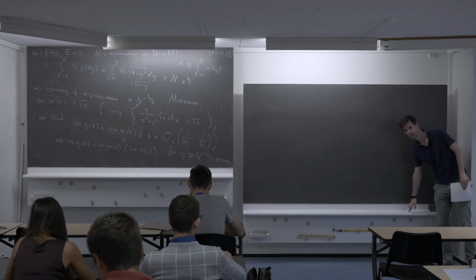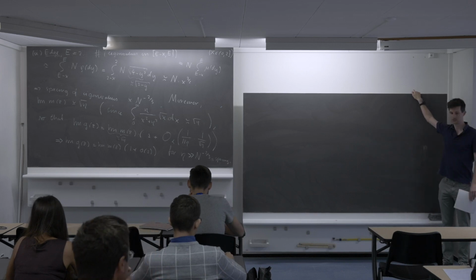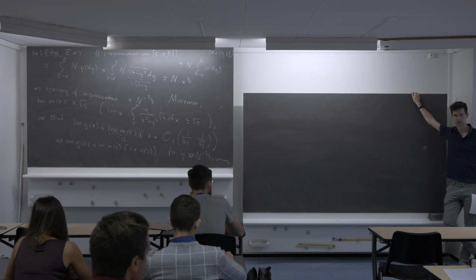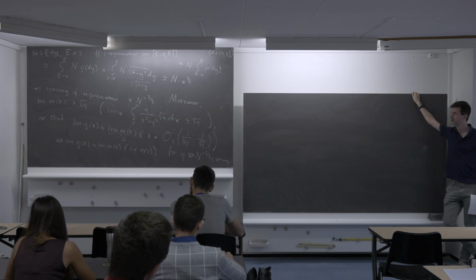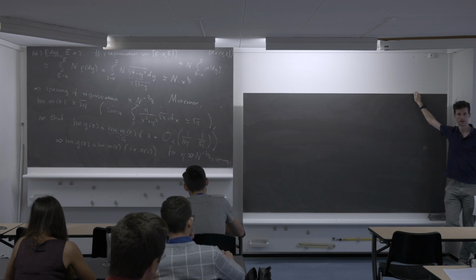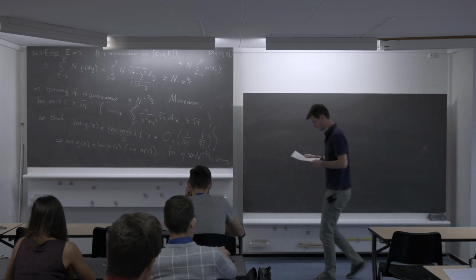It's also the prototype of proofs of this type in random matrix theory. I think there have been at least 100 papers and a number of books basically proving these kinds of results and using exactly the ideas that we will use. So it's worth going through them carefully. The ideas are also very powerful and they are very nice.